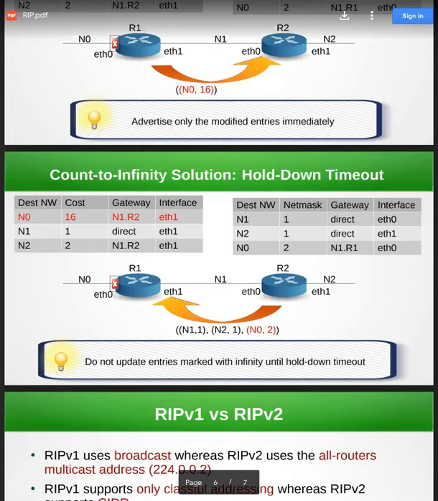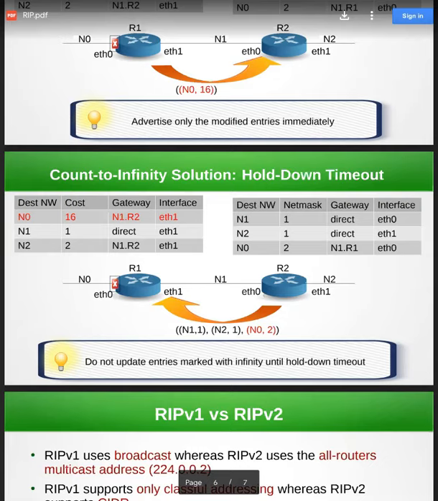So that is the basic idea behind hold down timeout. You are assuming that if I inform my neighbor that a route is unreachable, that neighbor has to inform its neighbors and so on.